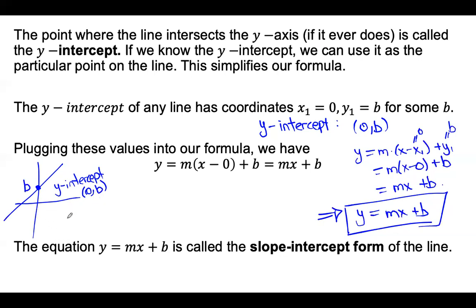So the y-intercept is a point on the line, 0, b, where this one was our x1 and this one was our y1. Those were the points.